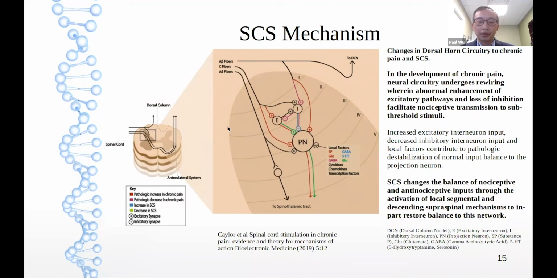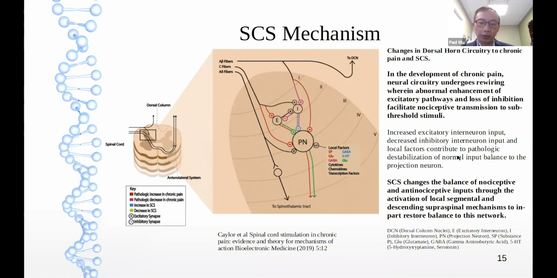This slide is basically a summarization of spinal cord stimulation mechanism. The two things that I want you to pay attention to are these two statements here. In the development of chronic pain, neurocircuitry undergoes rewiring, wherein abnormal enhancement of excitatory pathways and loss of inhibition facilitate nociceptive transmission to subthreshold stimuli.